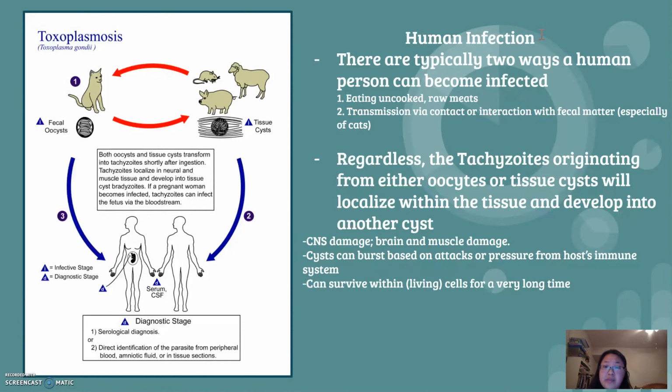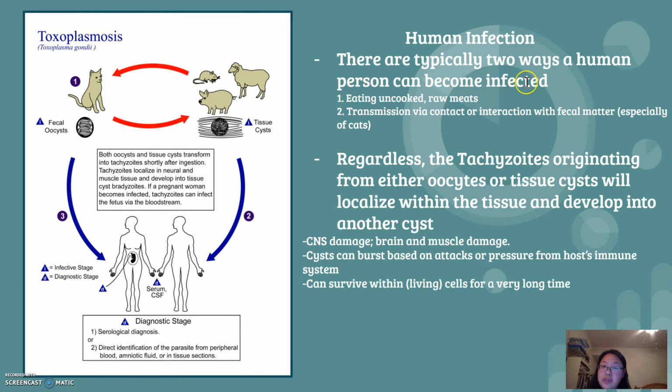the disease toxoplasmosis. So as mentioned, it is caused by the Toxoplasma gondii parasite, and there are typically two ways a person can become infected. Either through the creature that humans ingest, or humans themselves become the intermediate host.